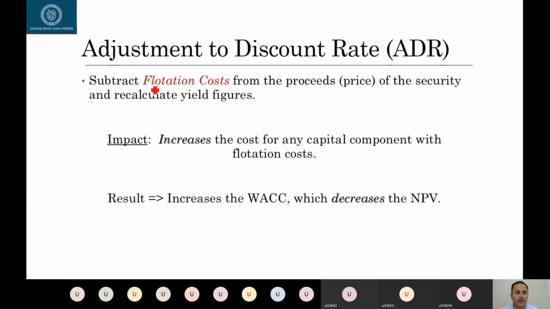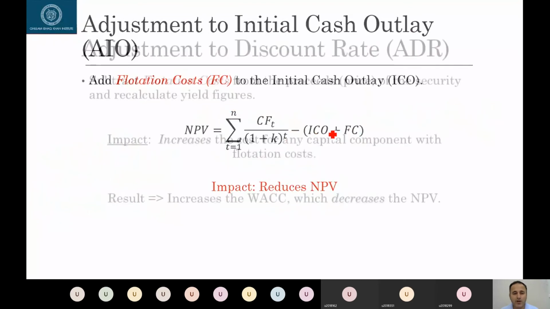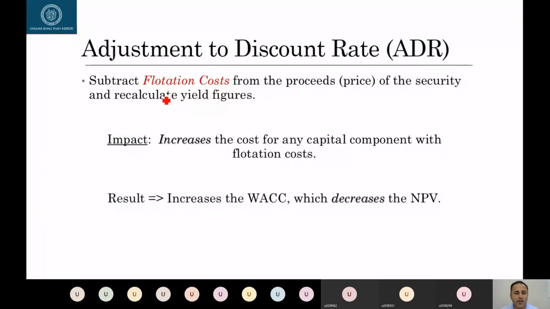There's another way. So flotation cost, what we did, actually, we made an initial adjustment here, but there is another way. Another way is actually to increase the WACC by a little bit. So suppose WACC, here there is no flotation cost, okay? You add little bit cost for, let's say, flotation cost.